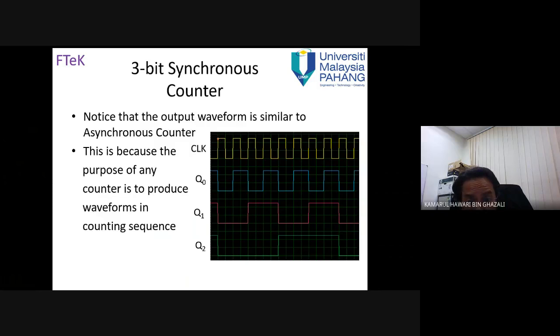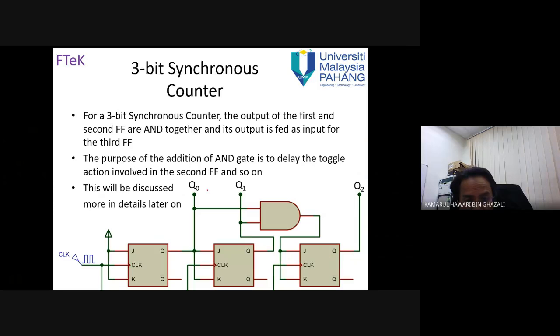This is positive clock here, right? Clock here, clock here. So let's see the first clock here. What is the output of Q0? This is the output of Q0 at the first positive clock. Let's say the JK inputs are connected to 5 volt, and 5 volt means logic 1. Both inputs of JK are 1, 1, so it is toggle.